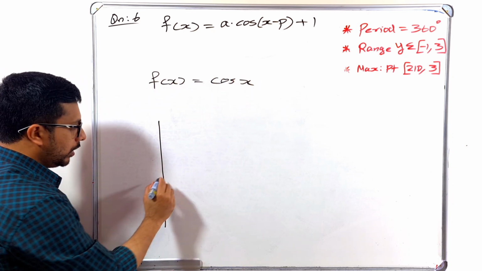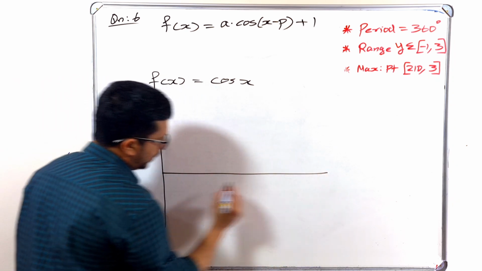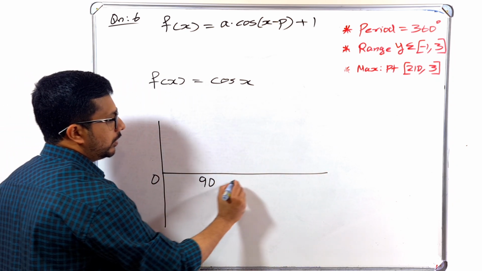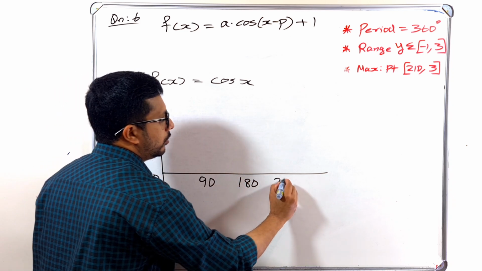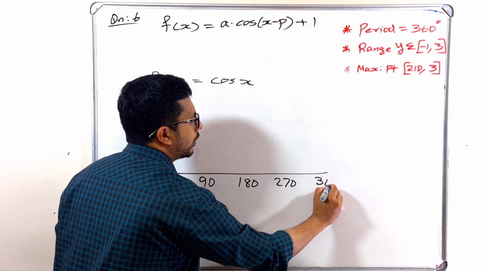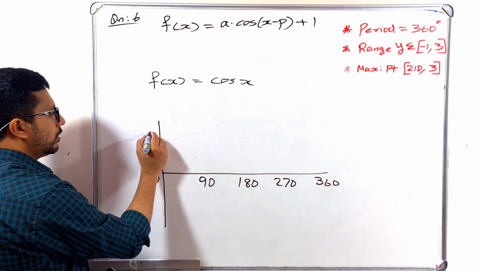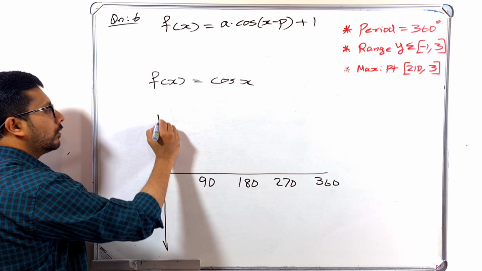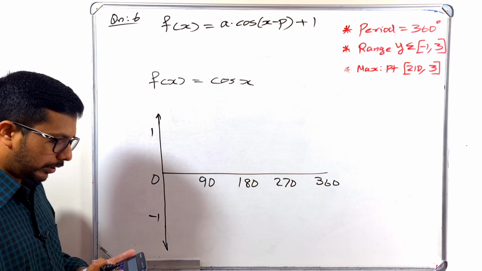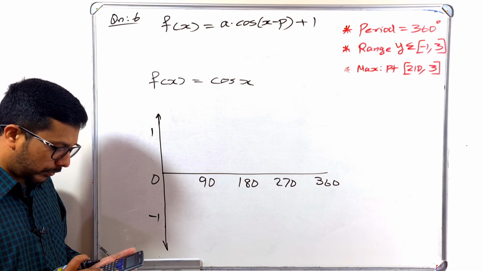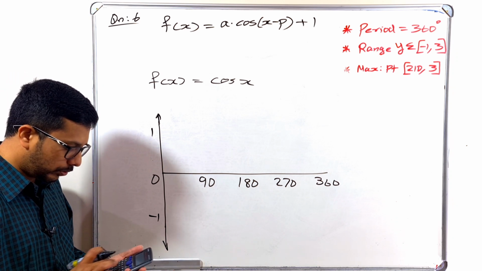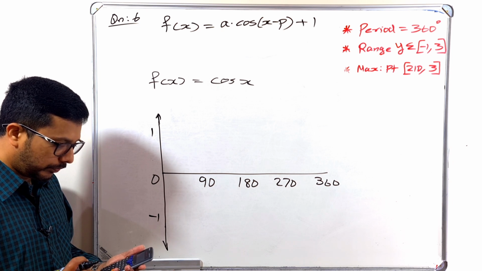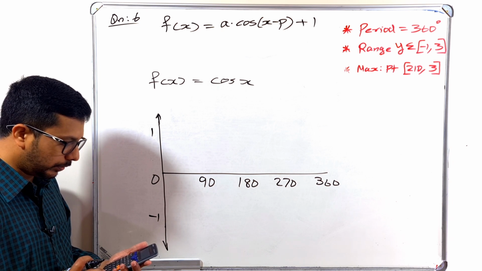I'm going to draw from 0 to 360: 0, 90, 180, 270 and 360. This is positive 1 and this is negative 1. Take your calculator and try to type f of x is equal to cos x. I hope now you know how to find the points in your calculator.